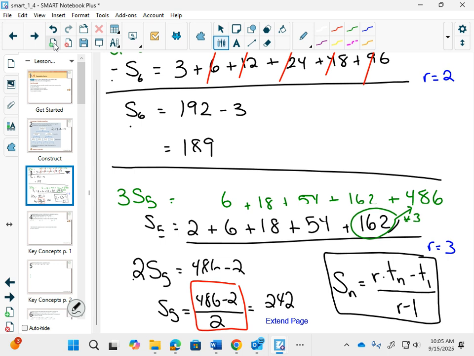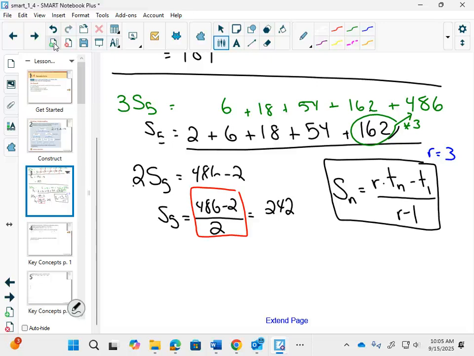This is the idea we just did. What we just did with that idea is we took the idea and created a formula. Now on your formula sheet, the formula sheet has this formula written out as follows.